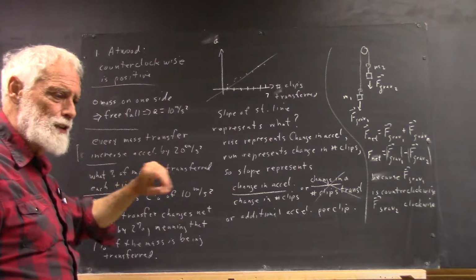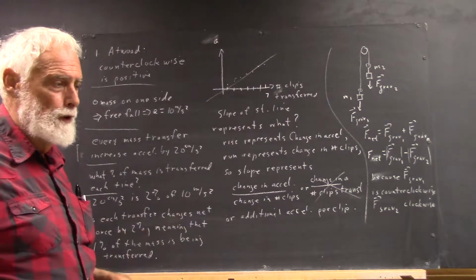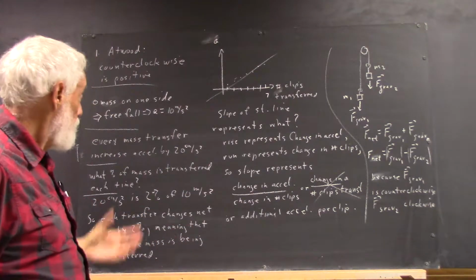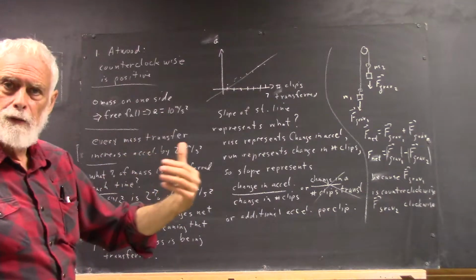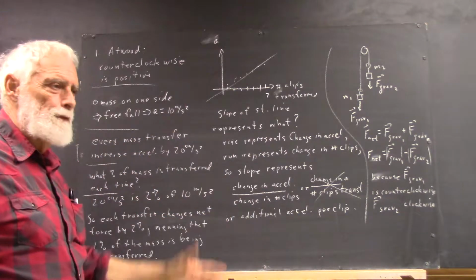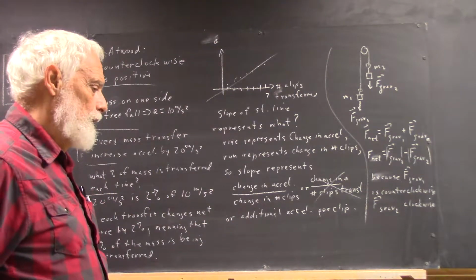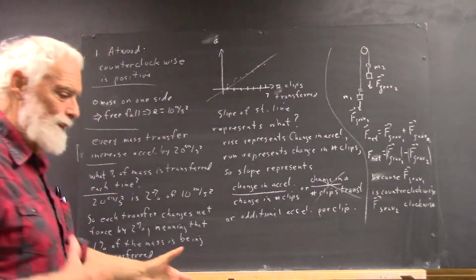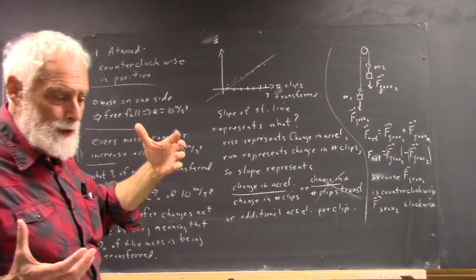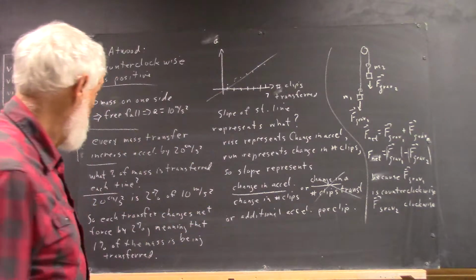And the accepted value, if you don't know where you are on the surface of the Earth or off the surface of the Earth, if you're close to the surface of the Earth, you kind of assume 9.8 meters per second squared. But that varies from location to location, even with the same altitude. The Earth bulges at the equator, and the density of the mass beneath the surface varies from one place to another.